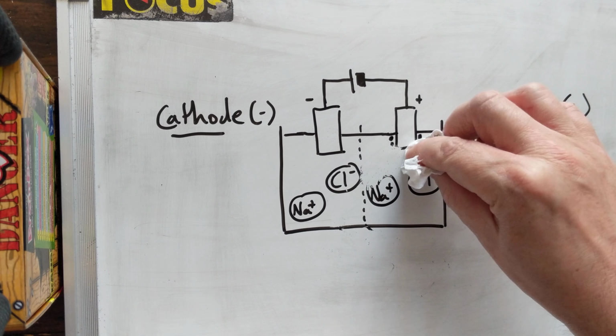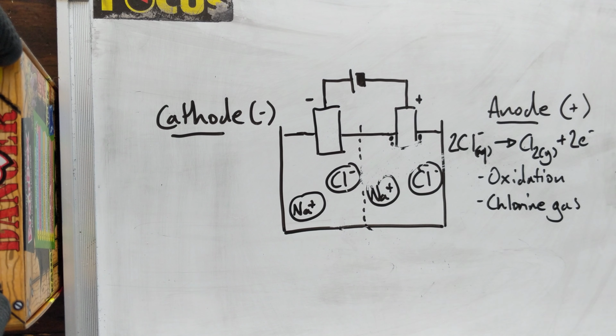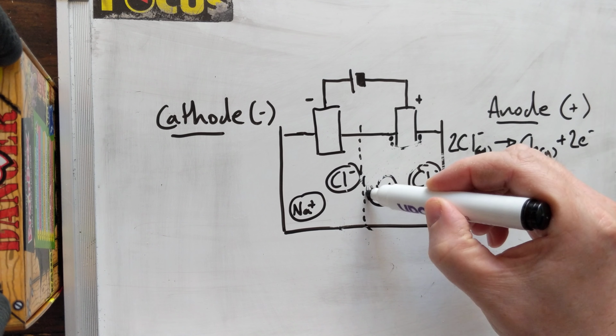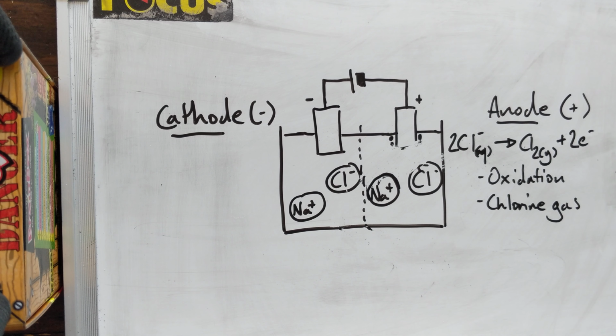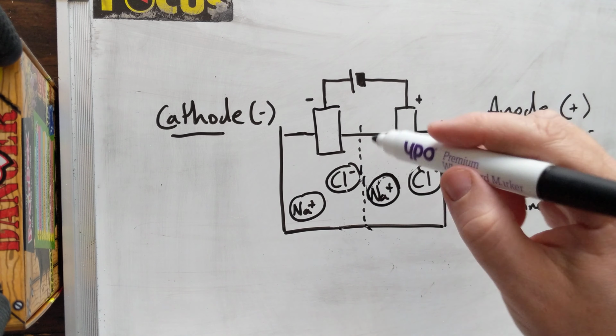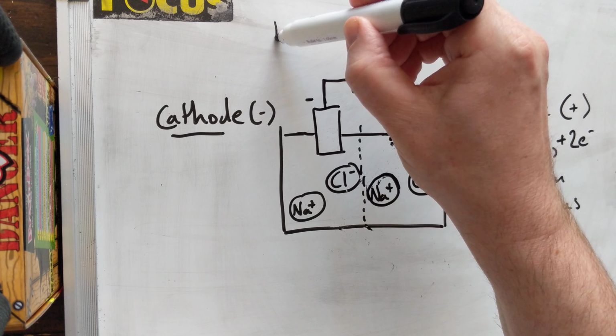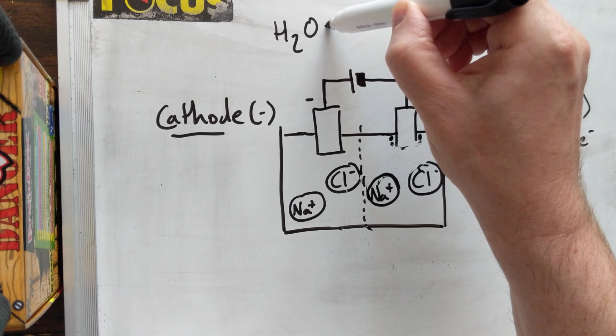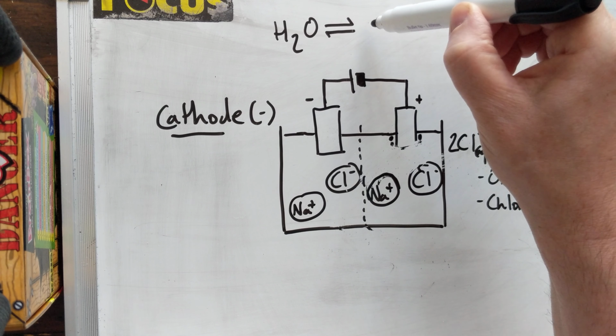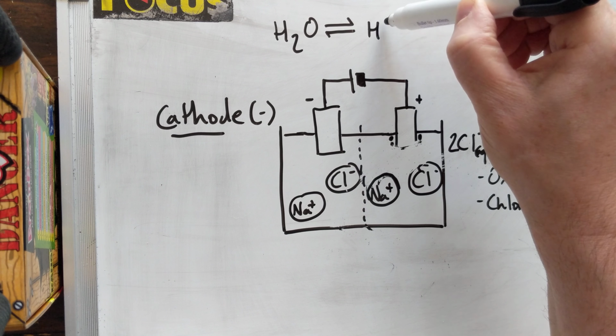So now you would probably think that at the other terminal you're going to get sodium being formed, but it's more complicated. As I've said, we've got water here, and when we have water, we must remember that actually water dissociates.